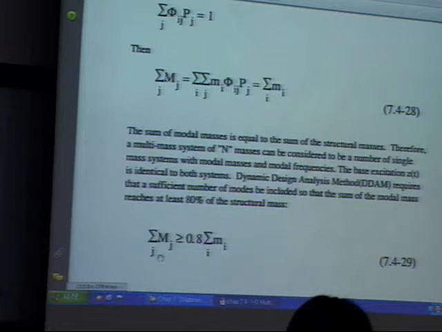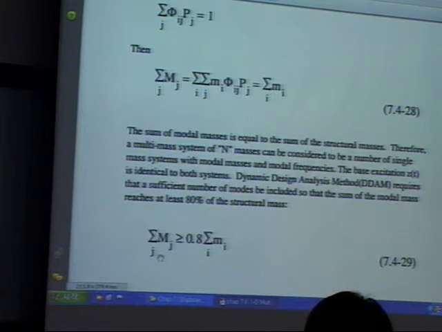Okay, this is 100,000 ton. Then you can compute the modal mass. You keep adding when j is equal to 1, j is equal to 2, j is equal to 3, up to 80% of the physical mass. When it arrives at 80% of the physical mass, then you stop adding additional modal mass.